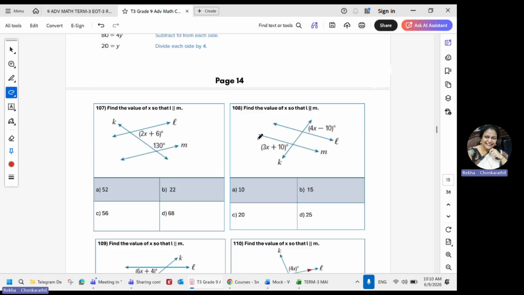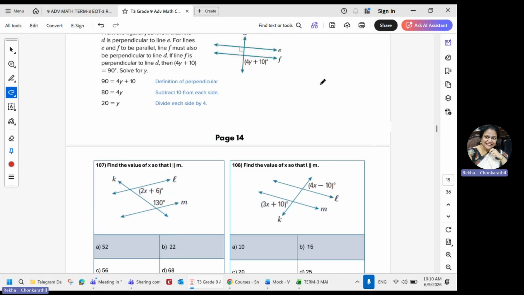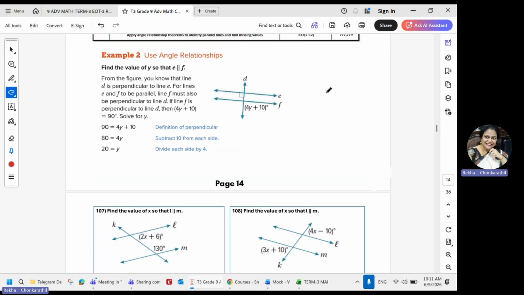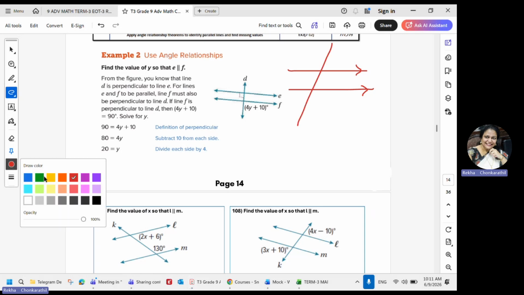When two lines are parallel, if you want to recall things, let me tell you. If two lines are parallel and we have a transversal, we have 8 angles.